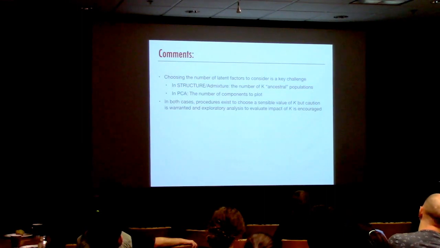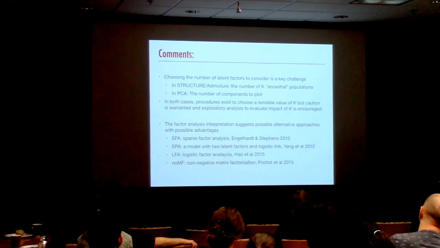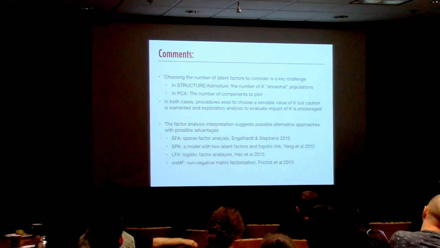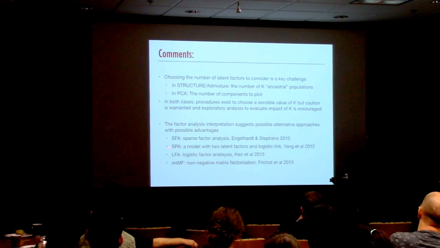Okay. This factor analysis interpretation I've stressed today suggests possible alternative approaches. So doing sparse factor analysis, as was done here in a paper that Eran, Eliezer, and I worked on with one of our students here.